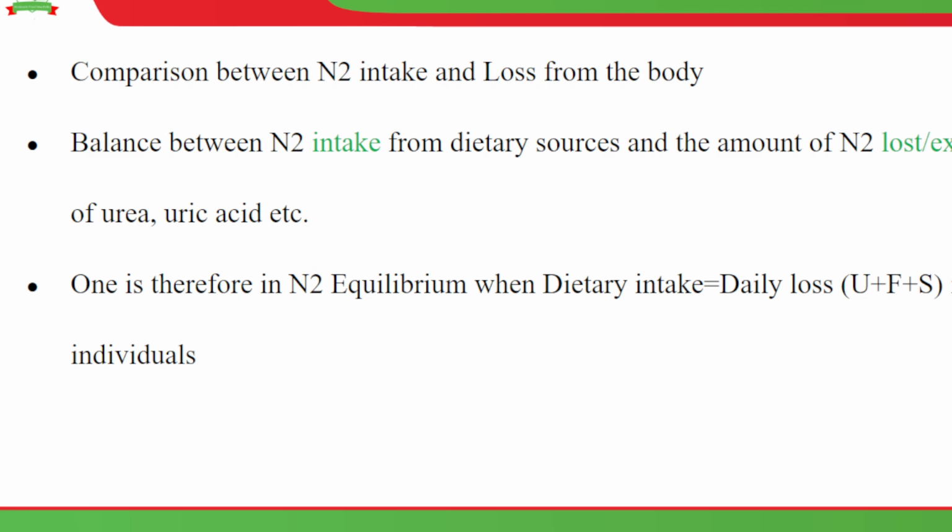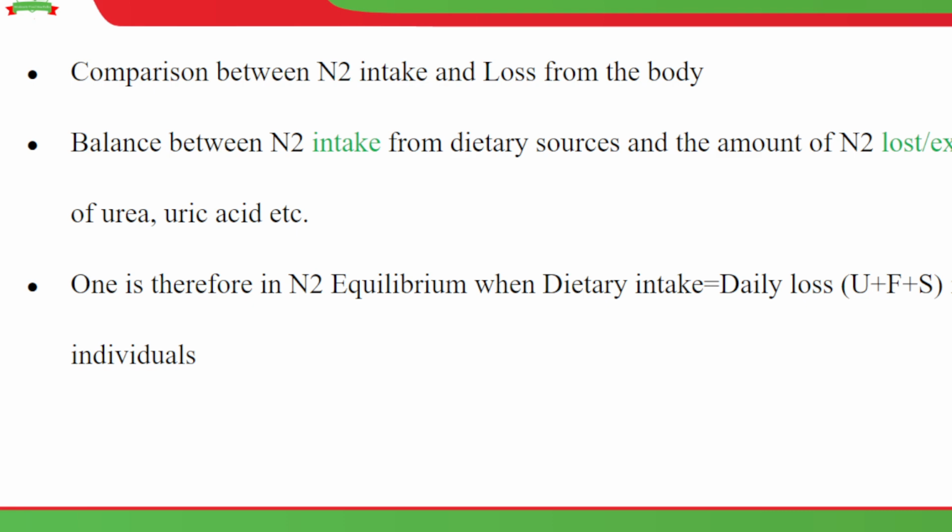So to have a balance, you add through intake of foods, especially from your diet. But there's also a factor that you lose it. One is that you can lose it through urea and uric acid. As you sweat, as you urinate, you're losing nitrogen. So there always has to be a balance between intake and loss. Whatever you take in and whatever you have lost should have some kind of balance.